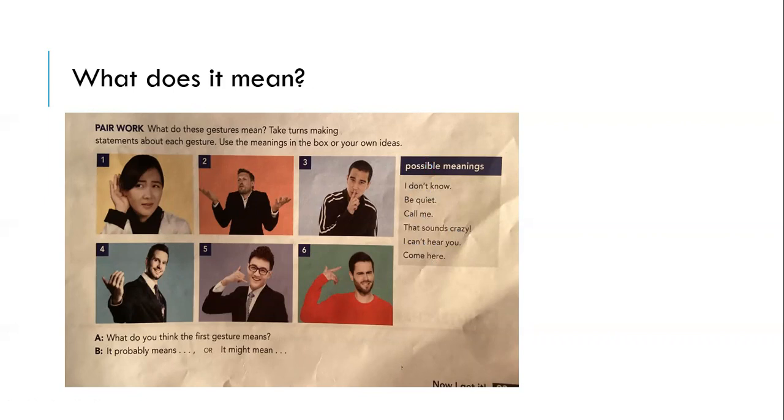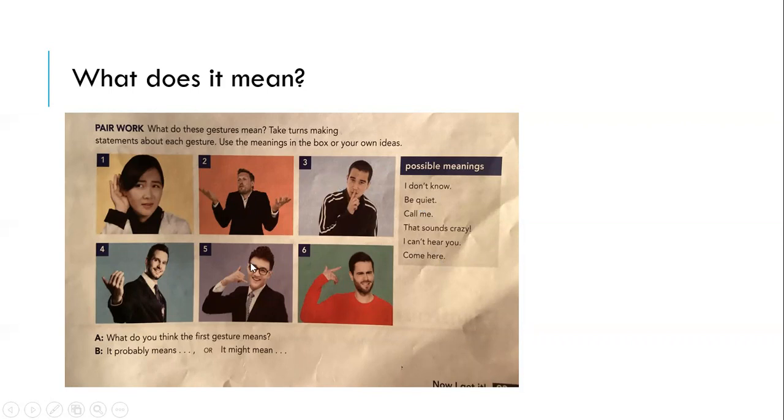We can see picture number 3, and we know that it means be quiet. Like when we were in school, our teachers or maybe our parents at home did this gesture to us, and we knew that we had to be quiet. The same with number 5.